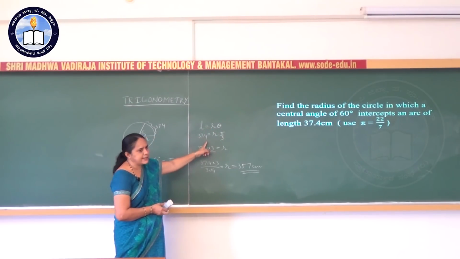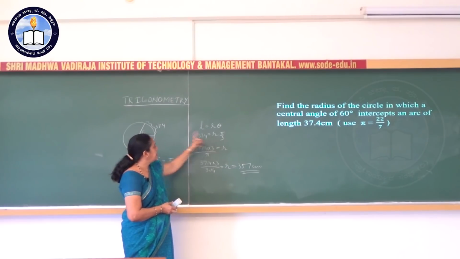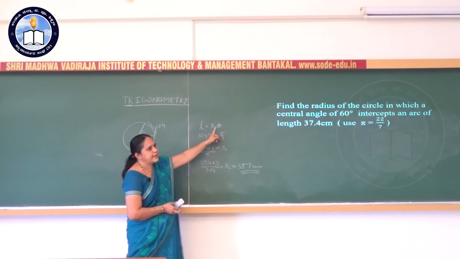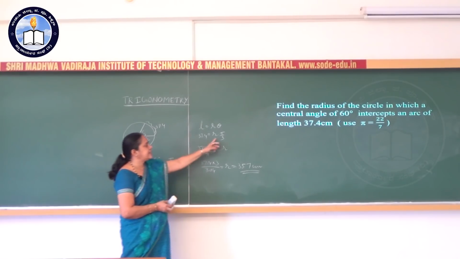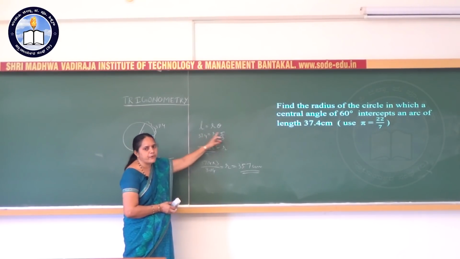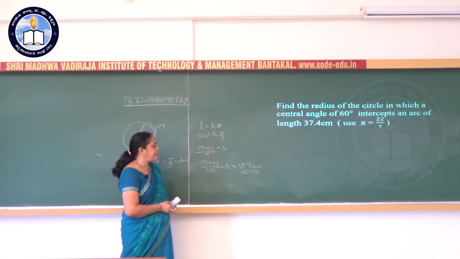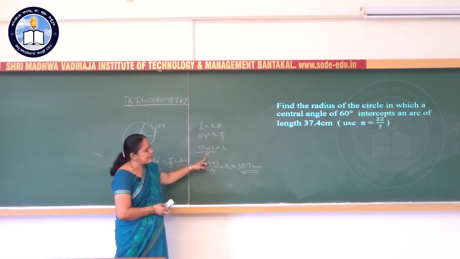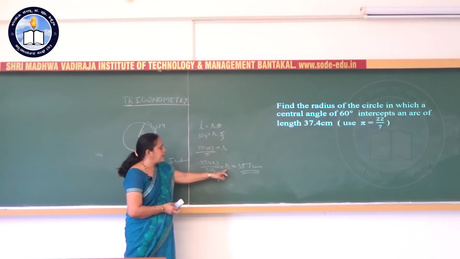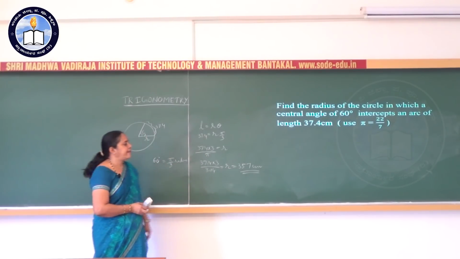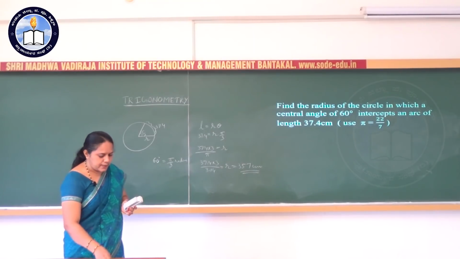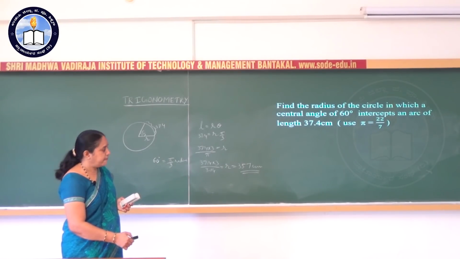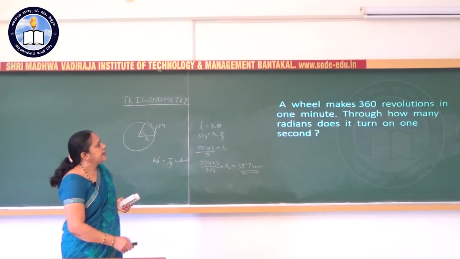But L is 37.4, we have to find r, given theta is equal to pi by 3. Therefore, r is equal to 37.4 into 3 divided by pi, but the approximate value of pi is 3.14, so r is equal to 35.7 centimeter.